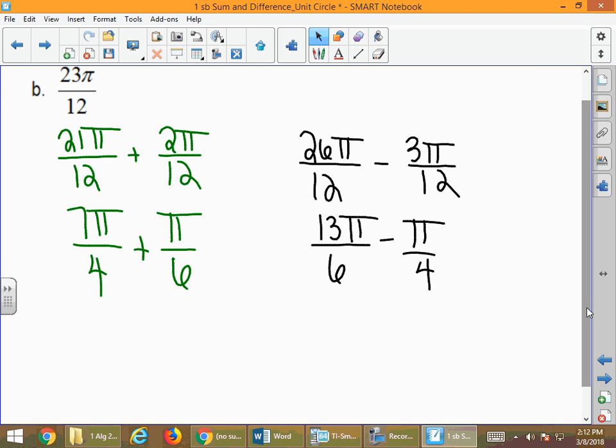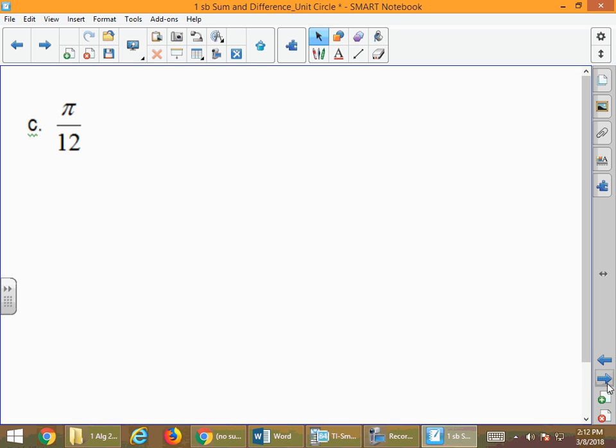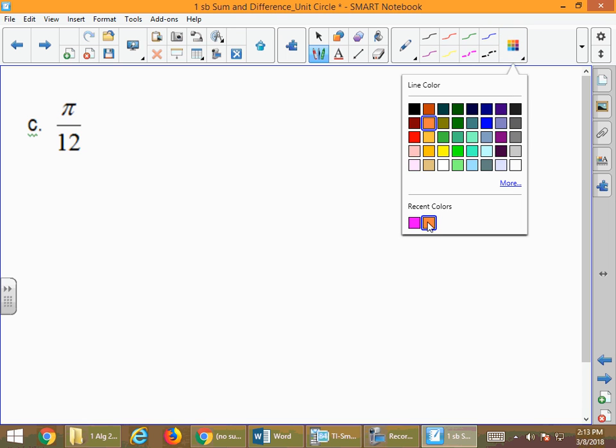And it really is the key. If we can pick two values where we know the actual x and y values of the ordered pair on the unit circle, then that is really helpful for us. As we get to pi over 12, we'll look at this one here.